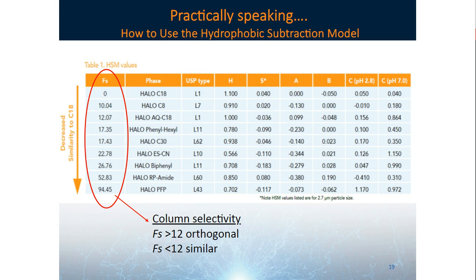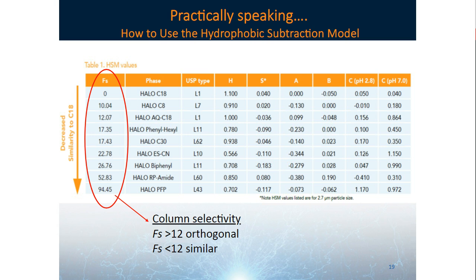So in terms of column selectivity, if the F sub S value is greater than 12, those columns are considered orthogonal, or they have a very high chance of giving different separations. Whereas if the F sub S value is less than 12, then you would have similar selectivity, and you wouldn't expect very big changes in terms of the separation.